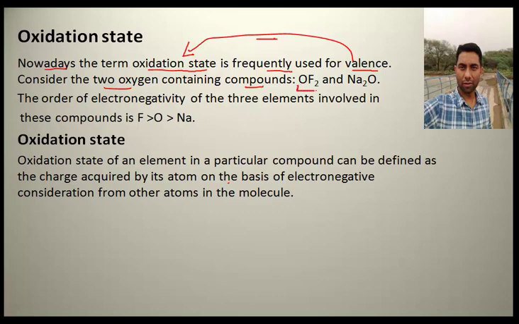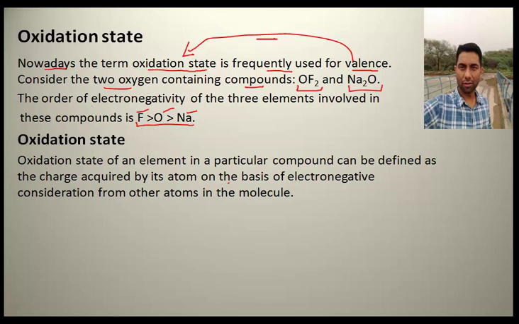For example, OF2, this is called oxygen difluoride, and Na2O, that is sodium oxide. For these two compounds, in total there are three elements involved, that is fluorine, oxygen and sodium.